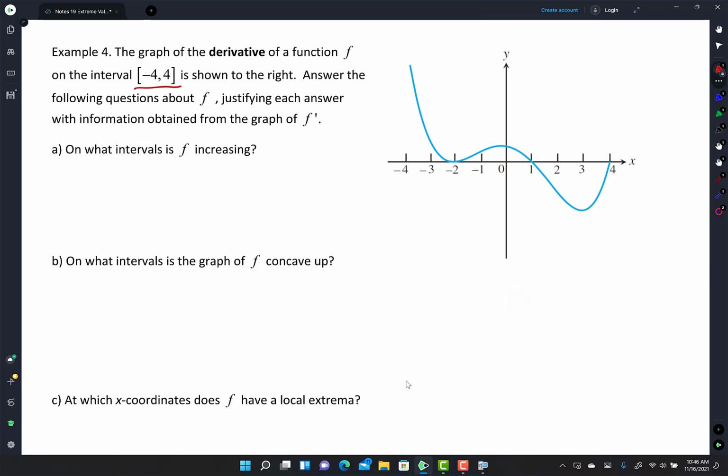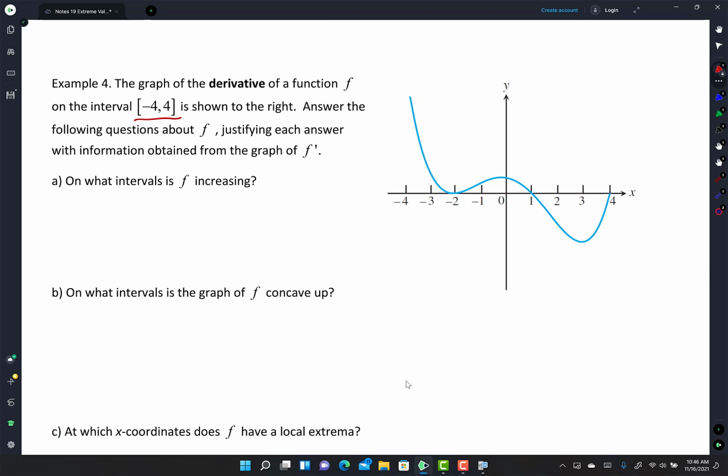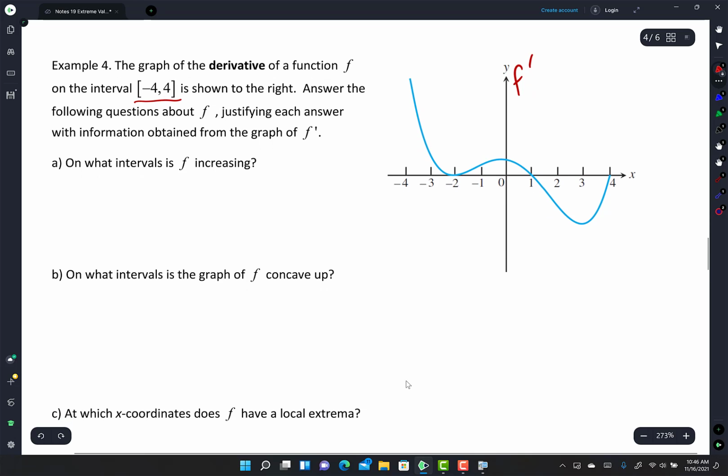Before you start anything, this graph right here that I'm looking at is what? F prime, label it. So are you looking at f? No, you're looking at f prime. Letter A, on what intervals is f increasing? When f prime is positive. Where is f prime positive? Perfect.